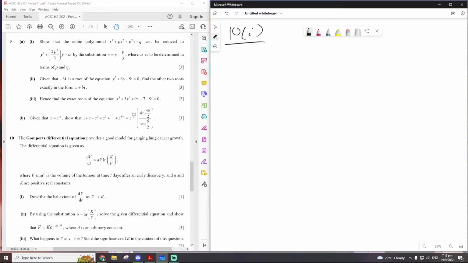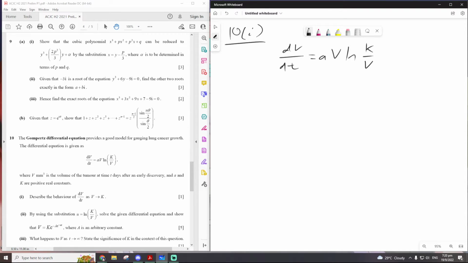The common one I see in exams all the time is the logistic growth, the Verhulst one. The Gompertz curve is very similar, slightly different though. So we have this differential equation that we're going to refer to: dV/dt equals aV ln of K over V.